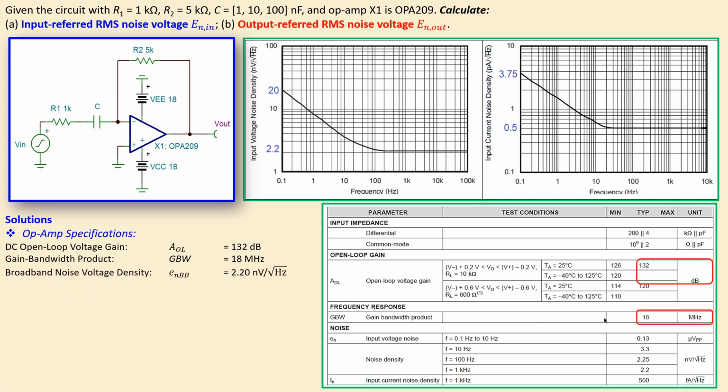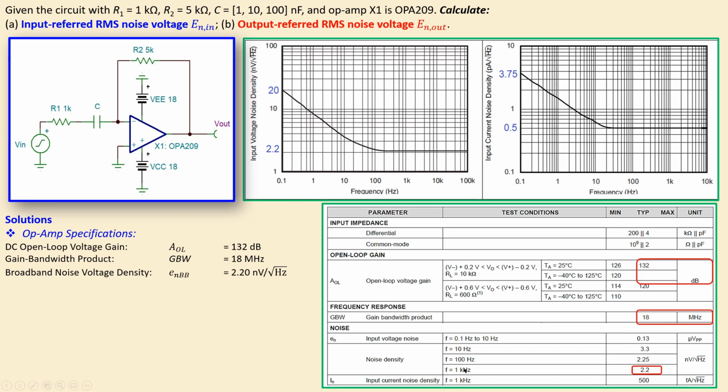Now we have several specifications considering the noise performance of this op-amp. We have the broadband noise voltage spectral density, which is given by this symbol. It is 2.20 nanovolts per root hertz, and that is shown here in the table, and the units are shown here on the right side. And it is defined at 1 kilohertz and higher frequencies.